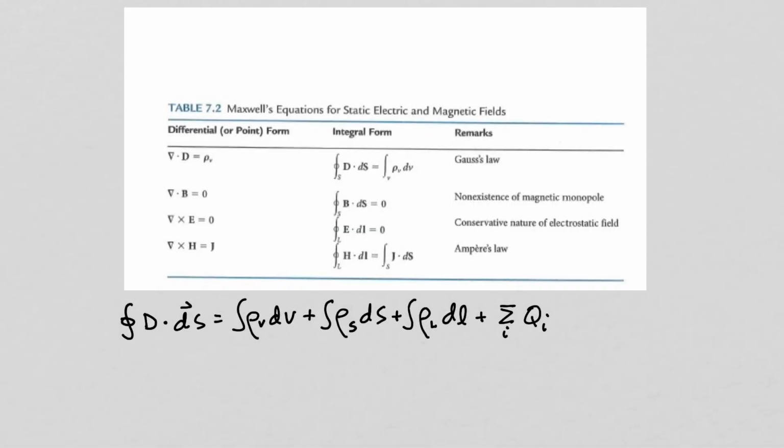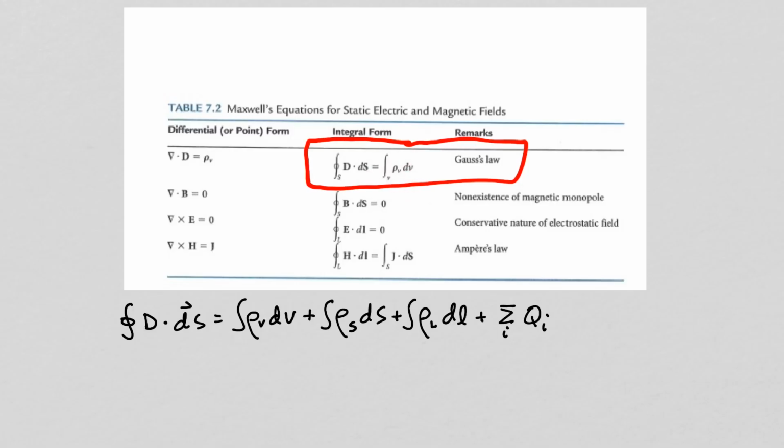We now have our first Maxwell equation in integral form, or Gauss's law. The right-hand side signifies the amount of charge inside our Gaussian surface.